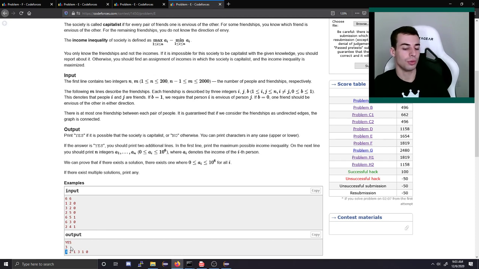What does Hungarian do? We want to find the minimum cost when we have cost of each pair, like minimum matching. We have the cost of each pair. When we have to match everyone.